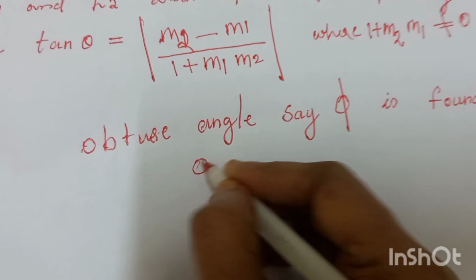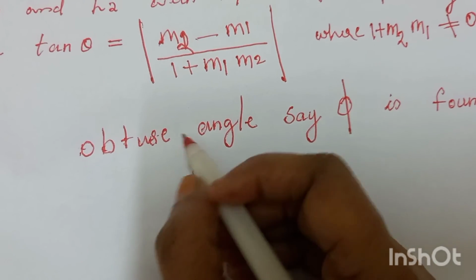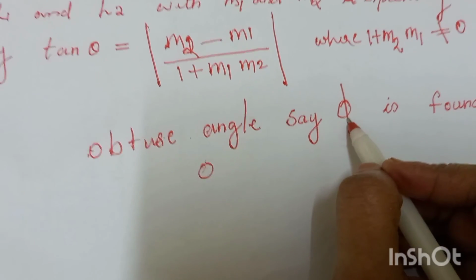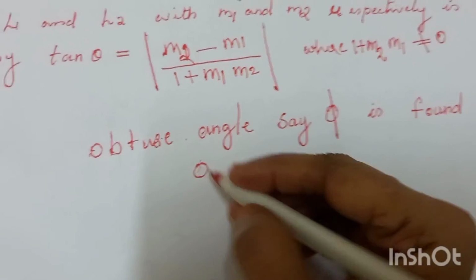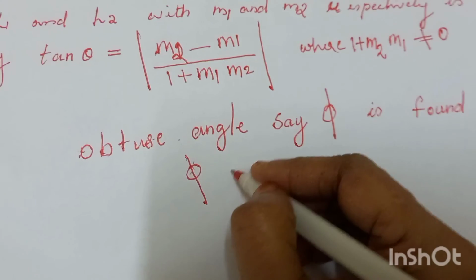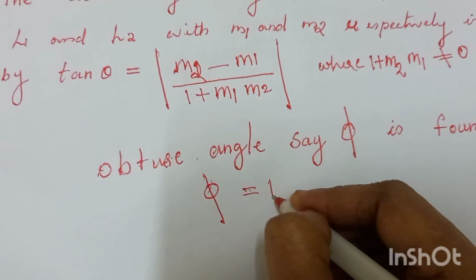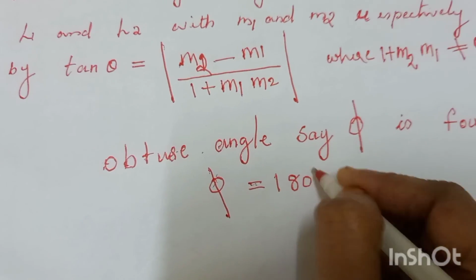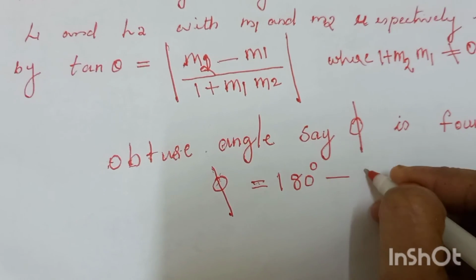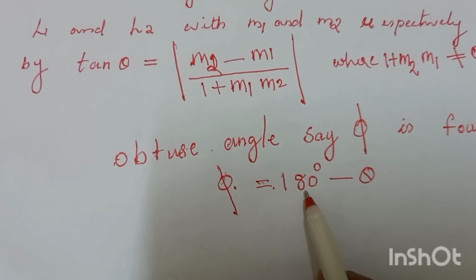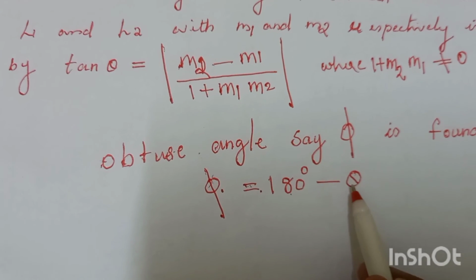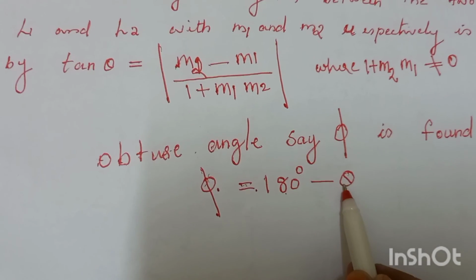How will you find theta, the obtuse angle? Phi is equal to 180 degrees minus theta. Is it clear for you?